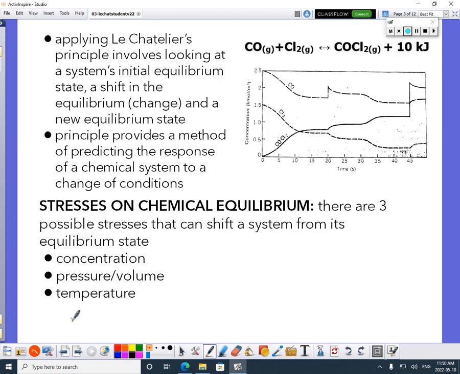So what we're going to do, over the next week-ish, is look at the system's initial equilibrium state, or I. We've already sort of talked about this. When you have a concentration-time graph and the concentration lines are plateaued, that is equilibrium. So initially equilibrium is established, and then something is going to happen, some sort of shift or change, which tomorrow or Thursday we're going to label with the letter C for change.